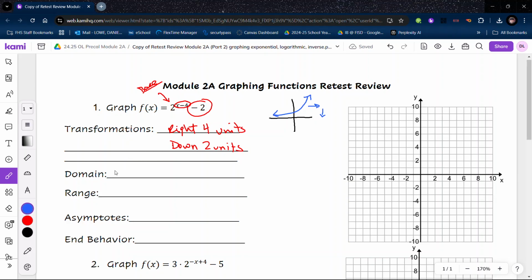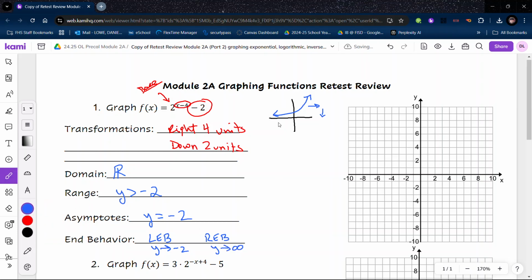All right, so what's the domain? The domain is going to be all real numbers. What is the range? The range is going to be y greater than -2. What's my asymptote? y equals -2. And what's my end behavior? Well, my left end behavior is going to be y approaching -2, and my right end behavior is going to be y approaching infinity.